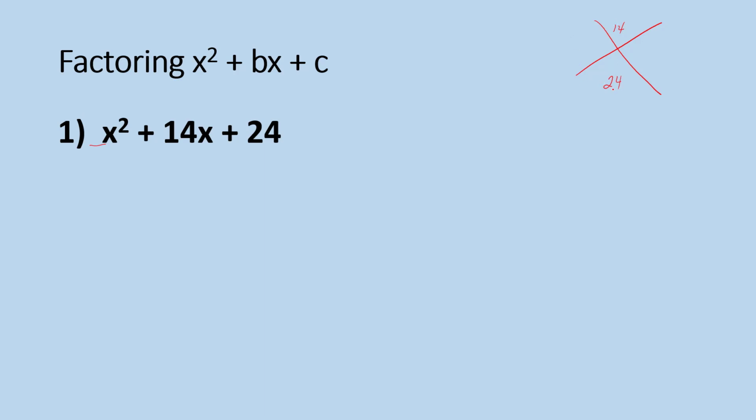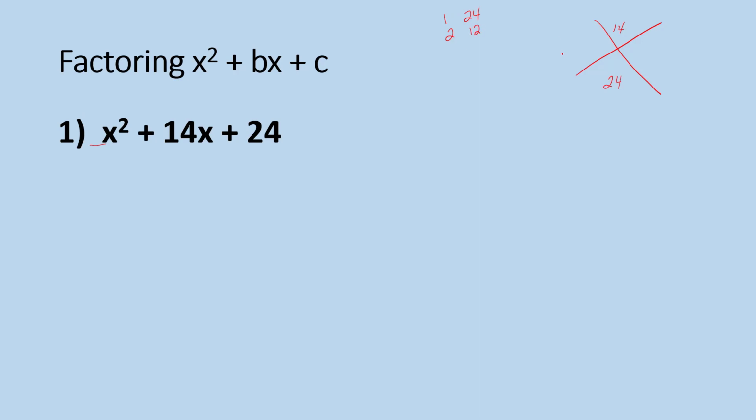We want two numbers that multiply together to get 24, but add up to give 14. All right, let's think. Looks to me like our factors could be 1 and 24, but that's not it. 2 and 12.